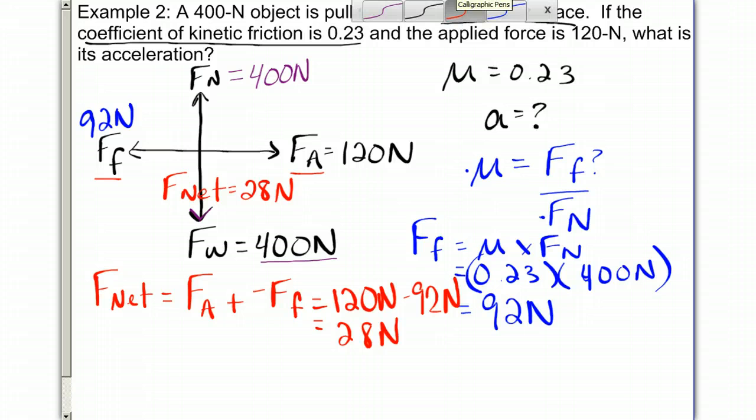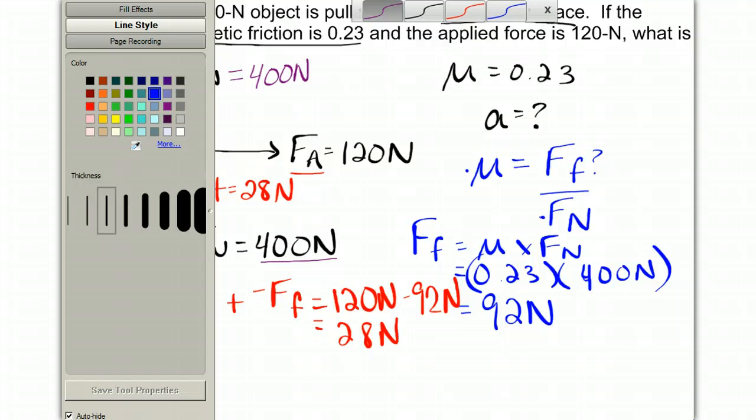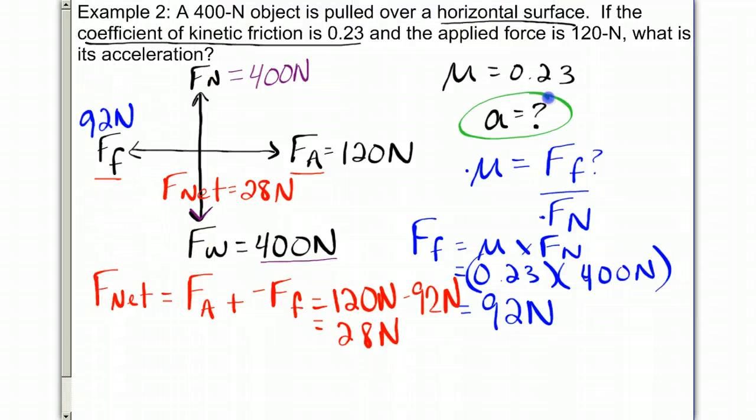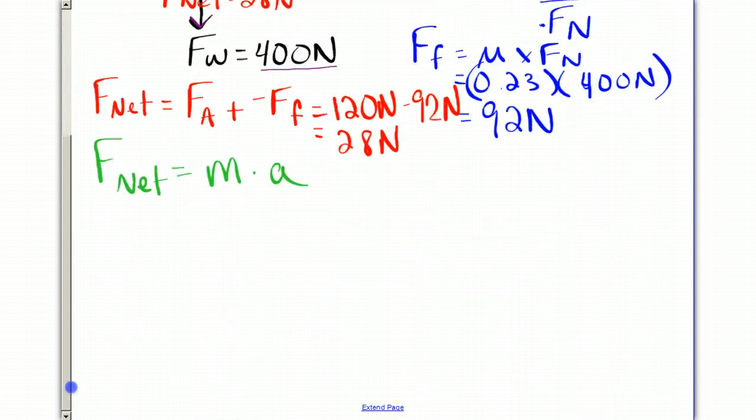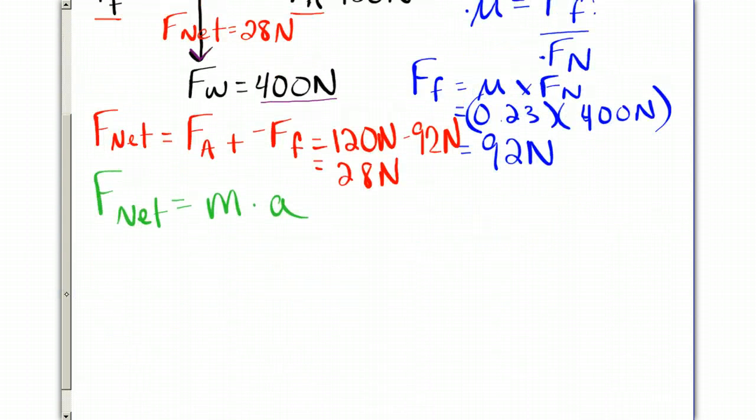See what other colors I have available for myself here. We'll go with green. Okay, so lastly, remember we're still trying to determine the acceleration, and the F net is equal to mass times acceleration. Let me rearrange this first.